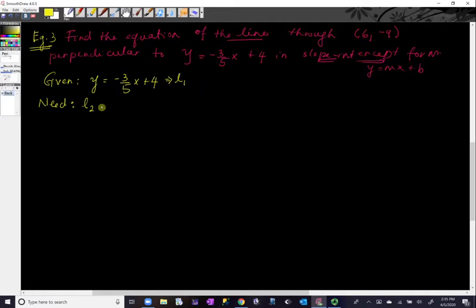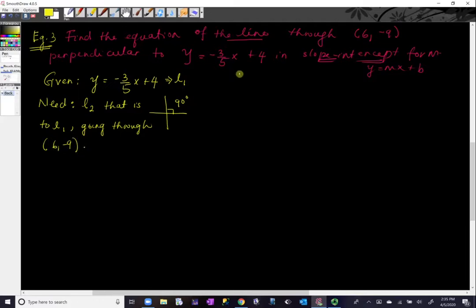You need line 2 that is perpendicular, so I'm going to draw the symbol, which means it's 90 degrees to L1, and it is going through a point, and we're going to call that point 6, -9.